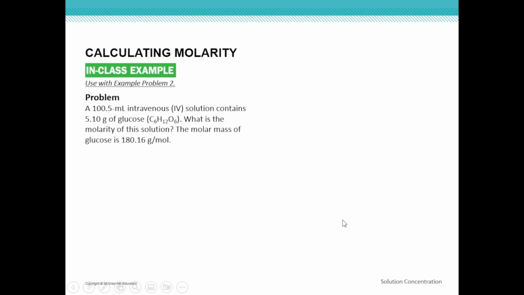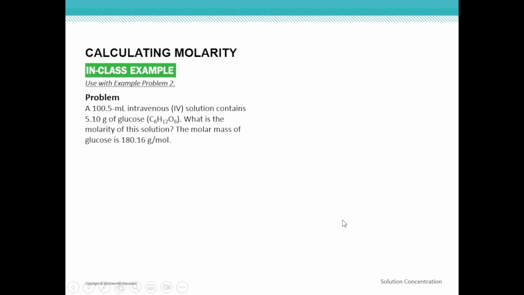And then it gives us the molar mass. Well, we know the equation for molarity is capital M is equal to the moles over the liters. Do I have molarity? No, that's what I'm looking for. So that should be left as capital M. Do I have liters of solution?